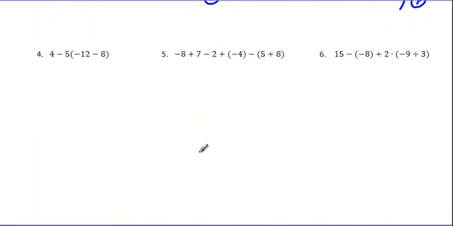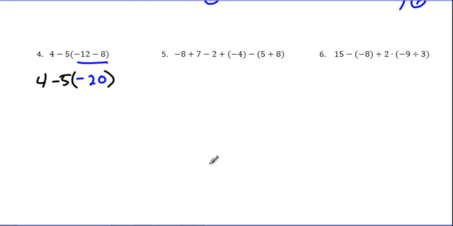Three more examples. Number 4. Once again, looking inside of parentheses first, I'm going to do this work. That's going to give me a negative 20. Same sign, add, keep the sign. I'm going to drop down my other work. And again, I need to do something, because this is not 5 minus 20. That's times negative 20. Now I'm going to go ahead and multiply.